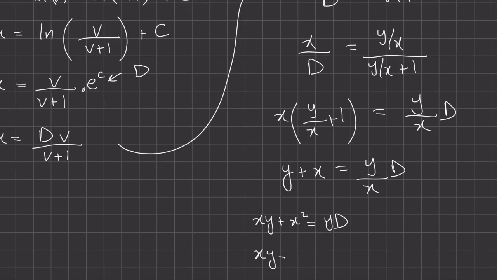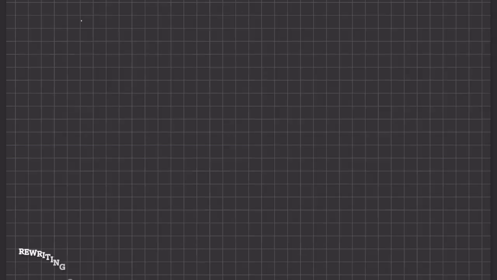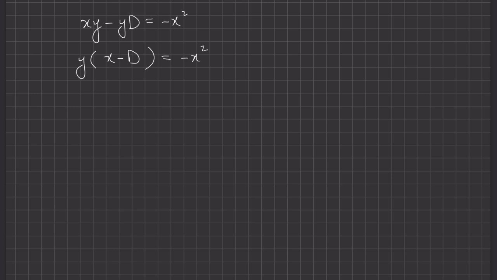Then move all y terms to one side. Take y common and divide by the term in the brackets, or x minus d, on both sides to get the final answer, y equals negative x squared over x minus d.